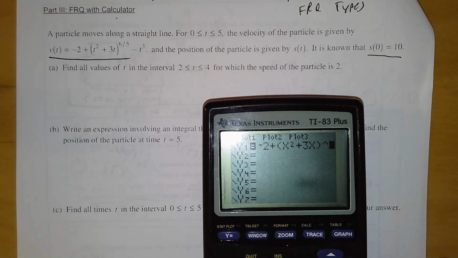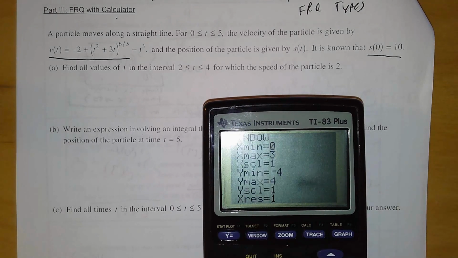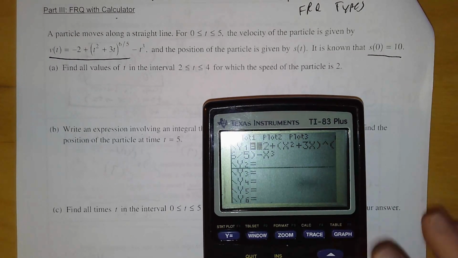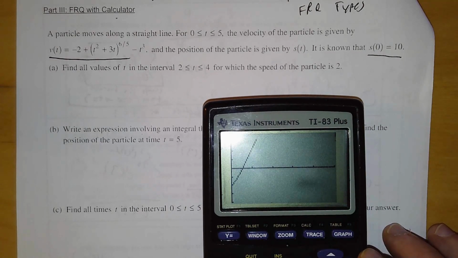You have to put parentheses around it. On the newer calculators you don't have to worry about that as much, but on this one you do. Math 3, cubed. Yeah, this looks good to me, and we're going to set the window from 0 to 5. And this is going to kind of get us started here, and I can look at it. So, okay, I got this velocity.